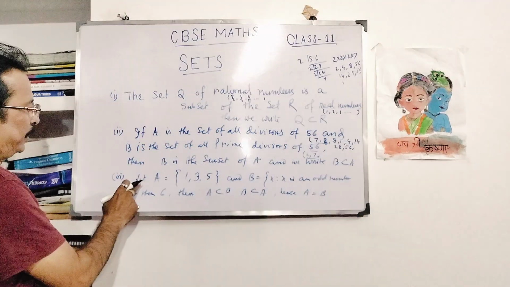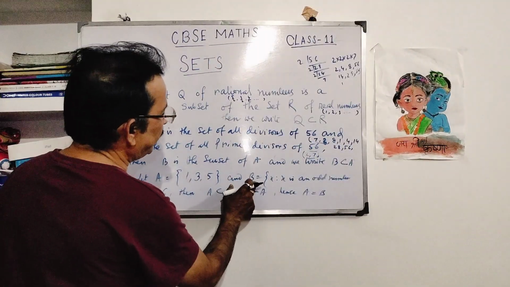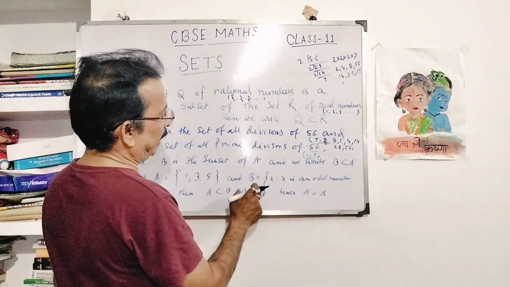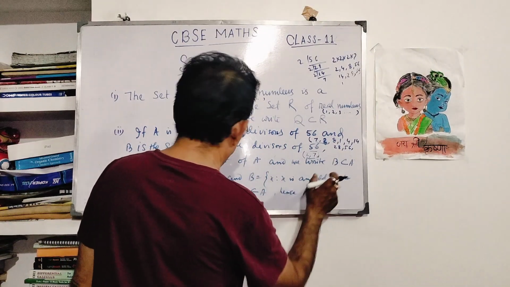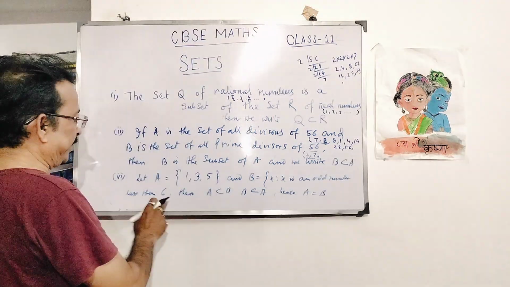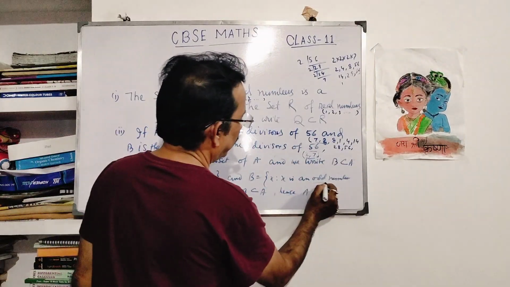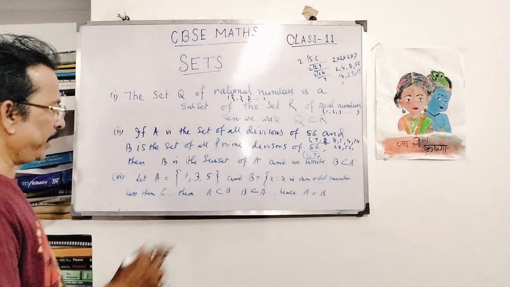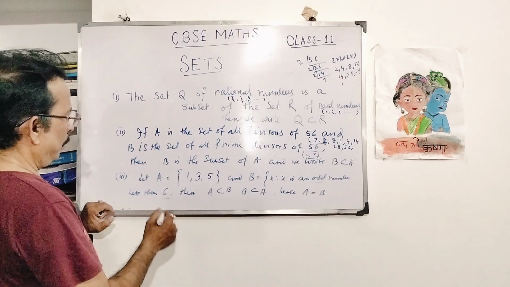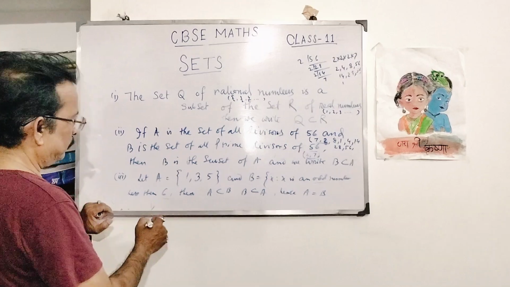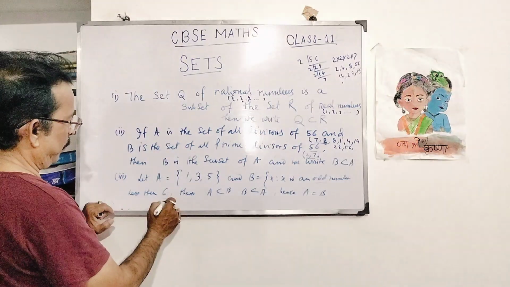Next, let A be 1, 3 and 5, and B be the set of x where x is an odd number less than 6. So odd numbers less than 6: odd number 1, odd number 3, odd number 5.